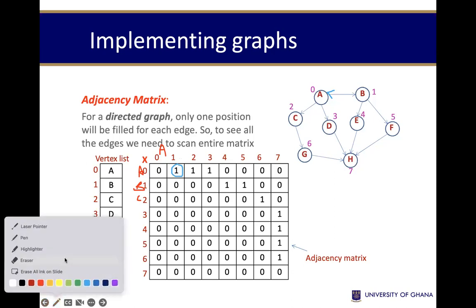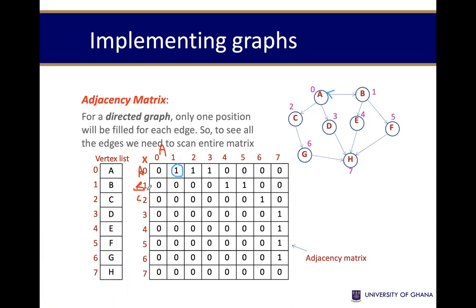So in that scenario, it can actually be represented using a matrix. Yes, in the adjacency matrix form, you can. Any further question?